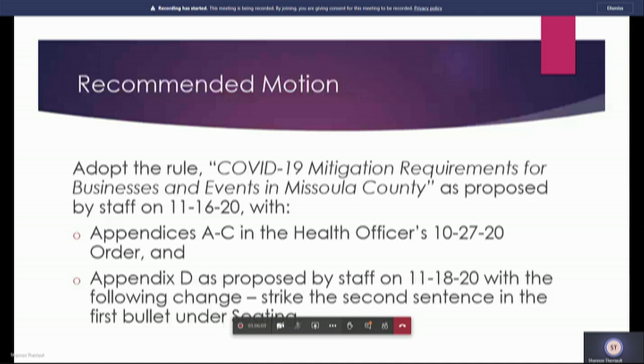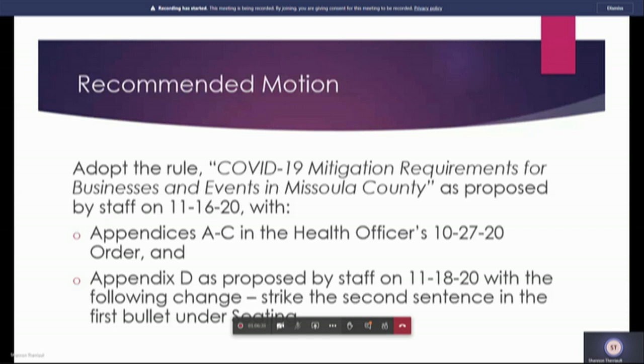I can tell you that a fair number of bars have decided to close their pool tables for a couple of reasons. One, because it leads to people standing and congregating, but probably even more importantly is it's taking up seating room, and they have to spread all of their tables out at least 6 feet apart. And it's not 6 feet from table to table, it's 6 feet between seated customers.